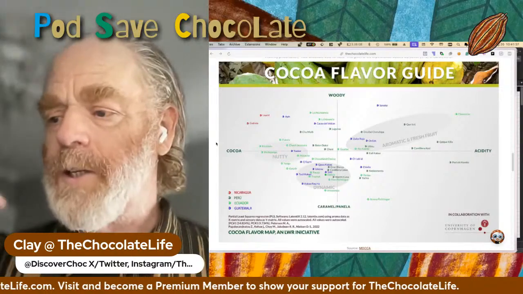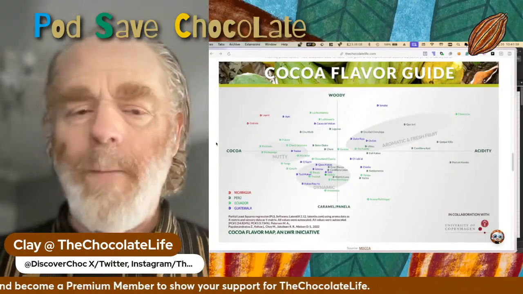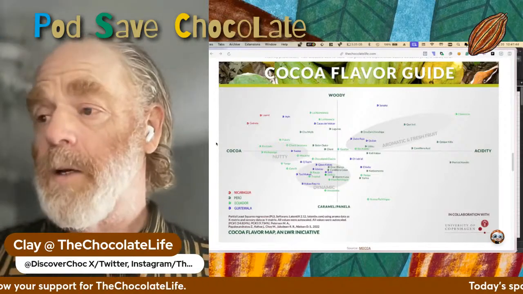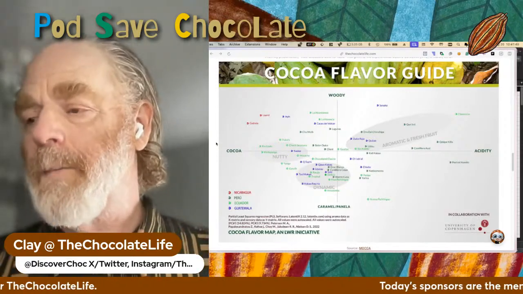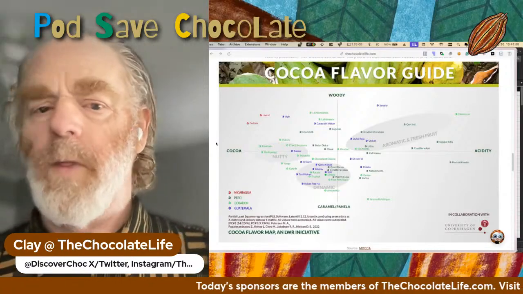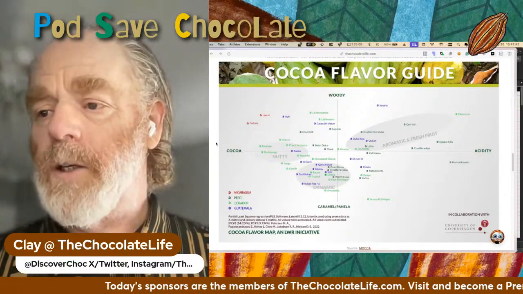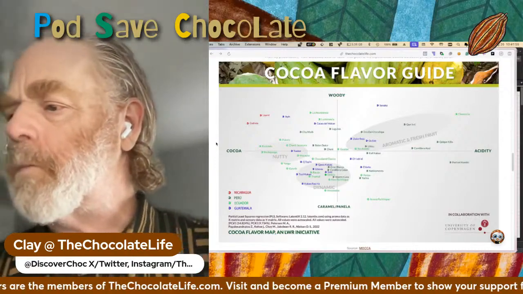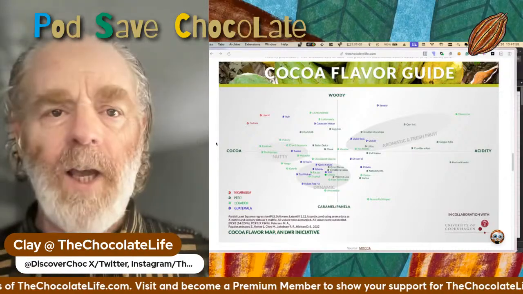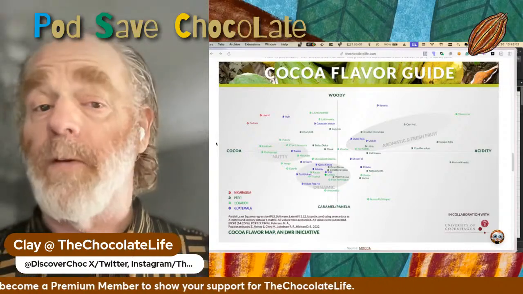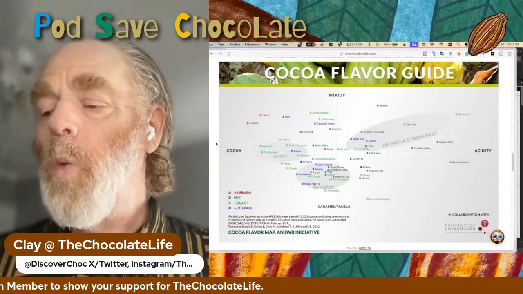The vertical axis at the bottom is labeled caramel panela, and the positive top axis is woody, right? On the horizontal axis, the left side is cocoa, and the right side is acidity.